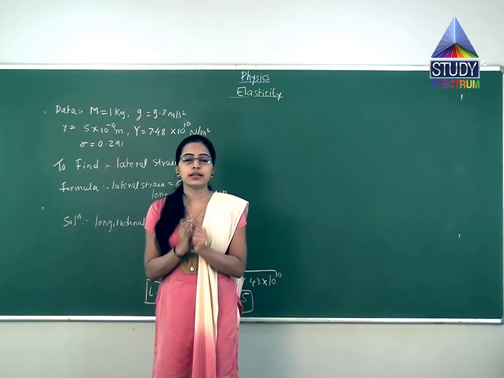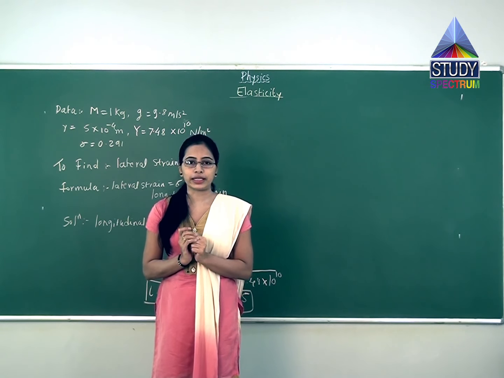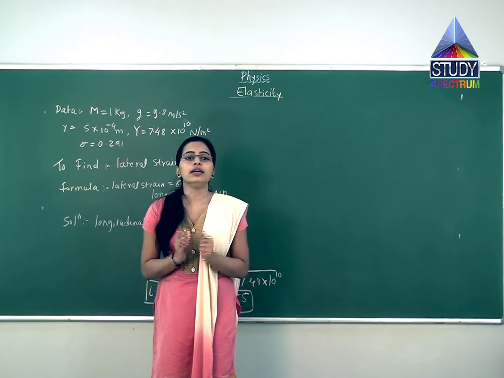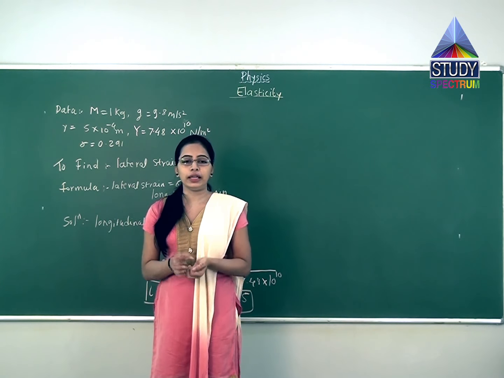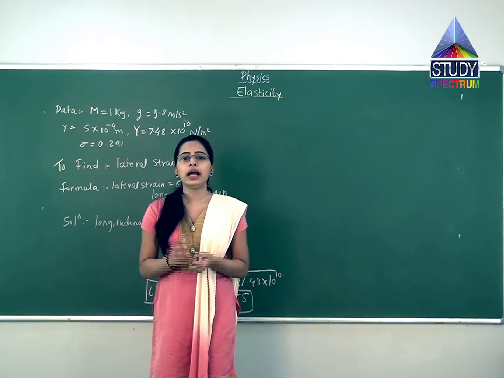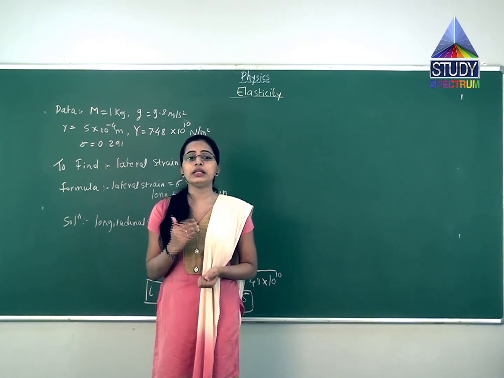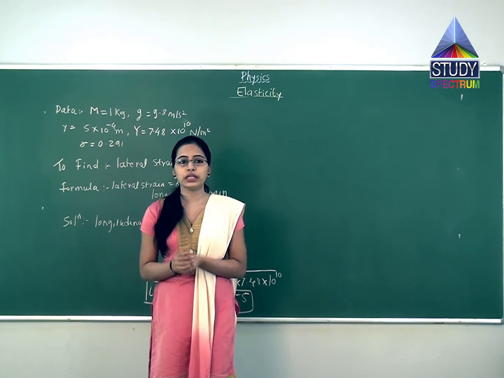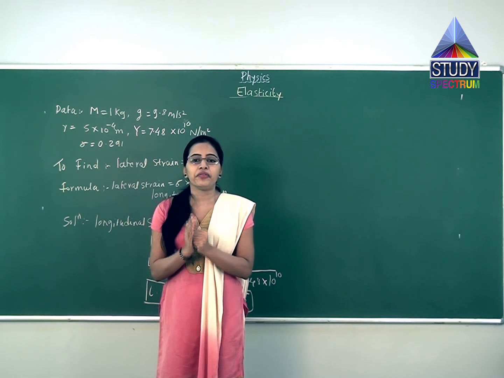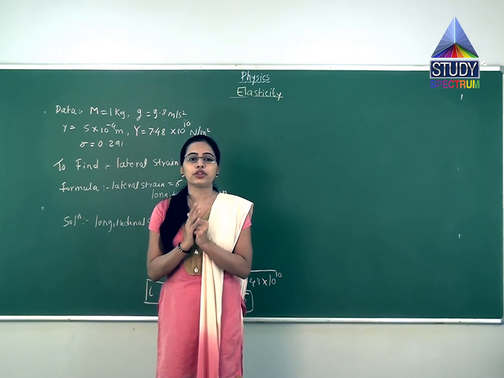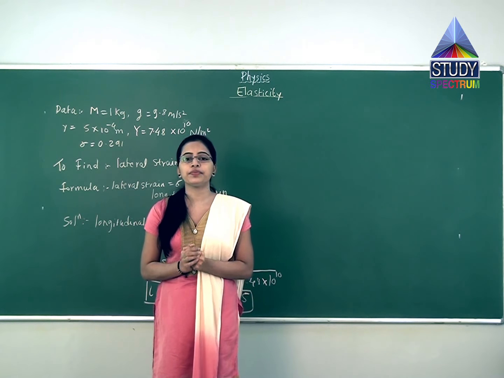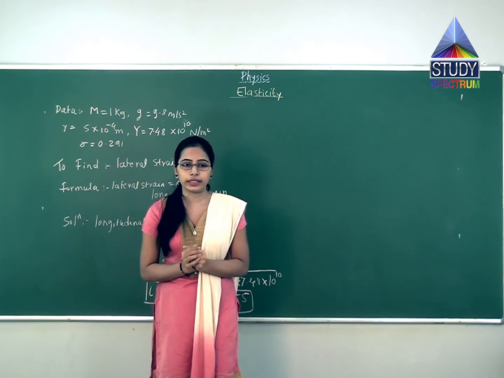So this is the 16th example from your textbook. The example is a steel wire of length 7 meter and cross section 1 millimeter square is hung from a rigid support with a steel weight of volume 1000 cc, that is cubic centimeter, hanging from the other end.